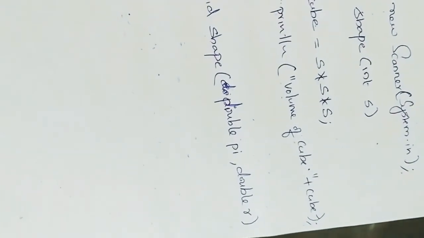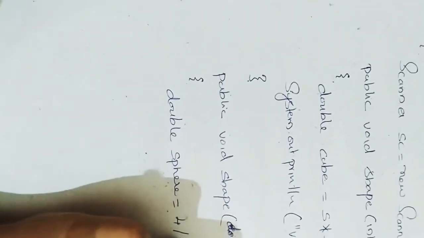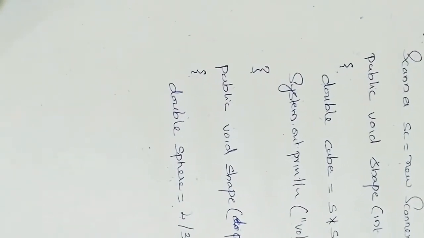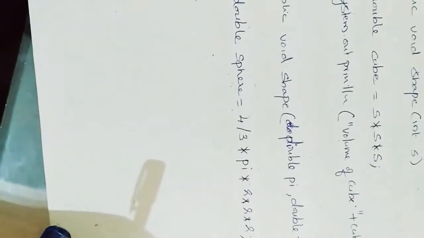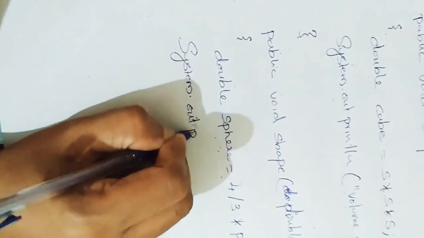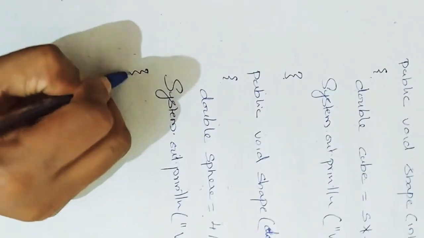So I have two variables, double pi comma double r, and I will calculate the volume as double sphere is equal to 4/3 star pi star r star r star r. Simply you have to put this, okay? And then the printing statement is very important. System.out.println volume of sphere is equal to sphere. Okay, that is done, and this method is closed.